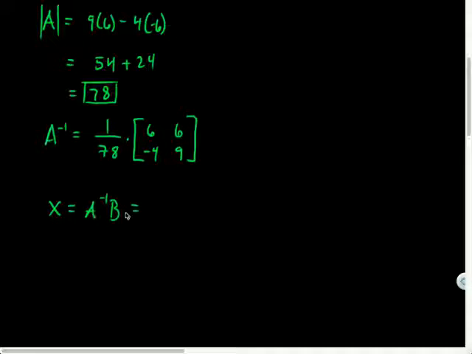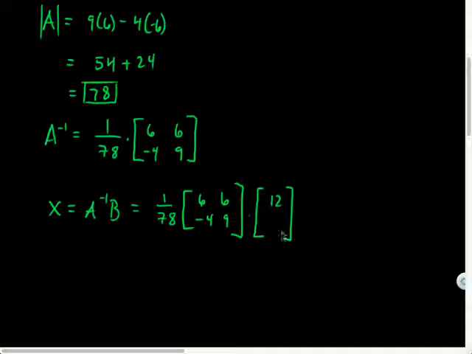We did some yesterday, in yesterday's video. We demonstrated how that came about, doing some matrix algebra. So I'm going to take this 1/78 times 6, negative 4, 9, and multiply that by matrix B, which was 12 and negative 12, was it? All right, I get a head nod there.